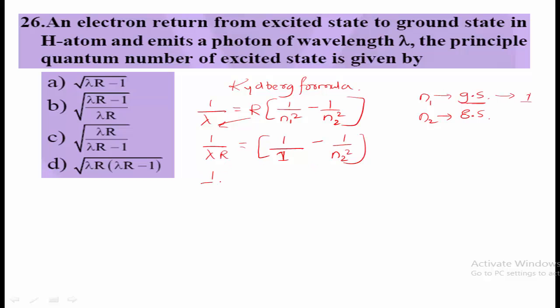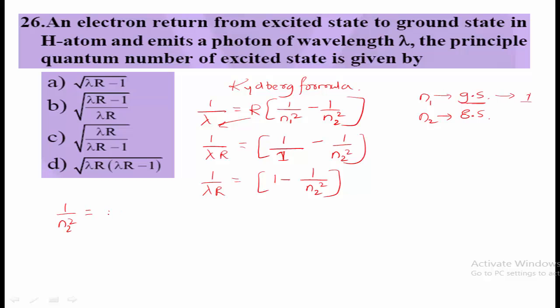Now this can be written as 1 by lambda R is equal to 1 minus 1 by n2 square.